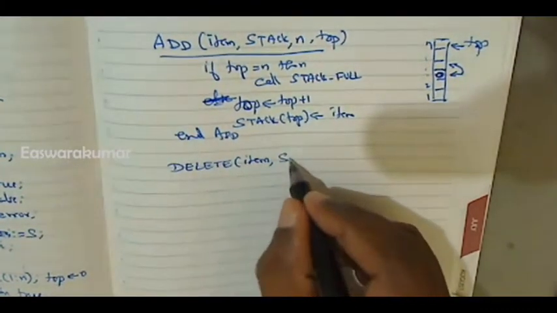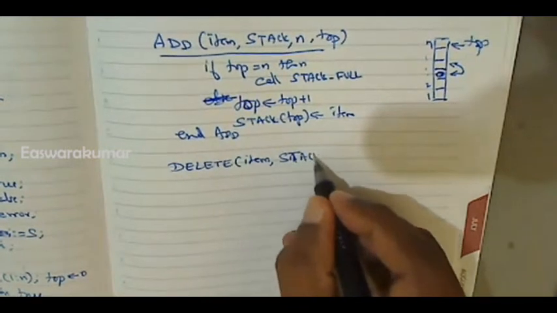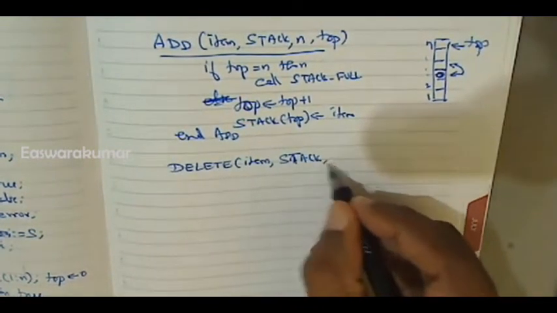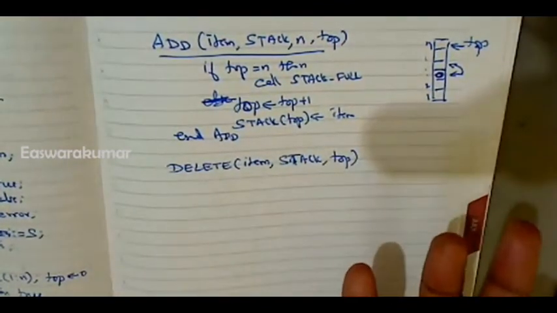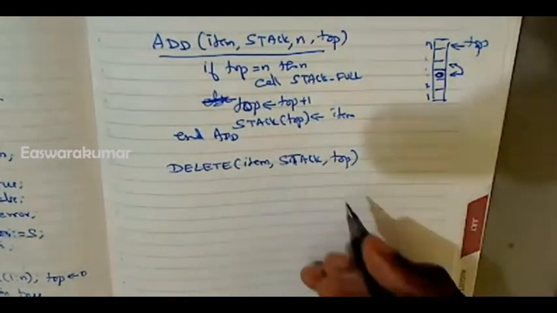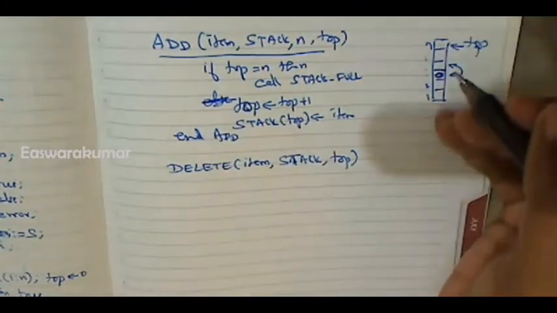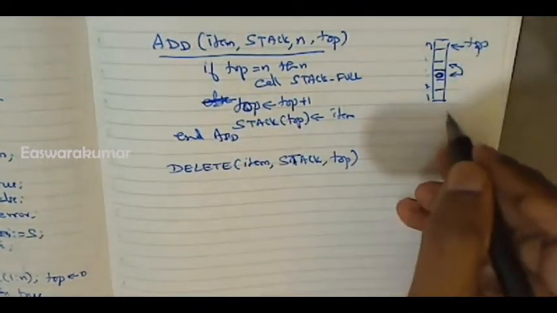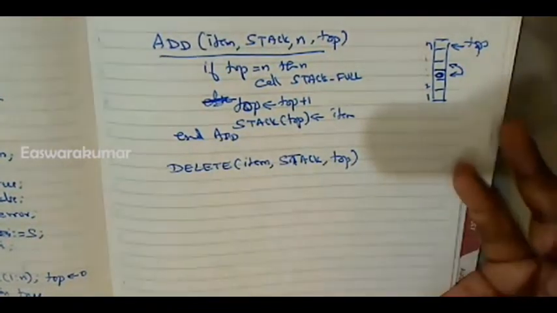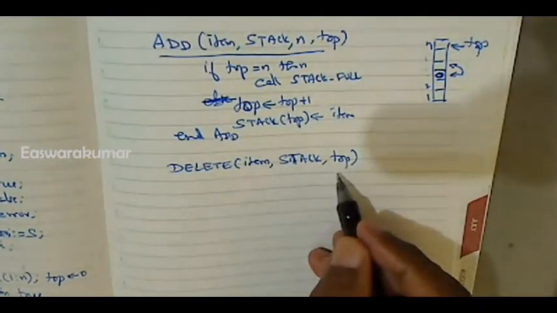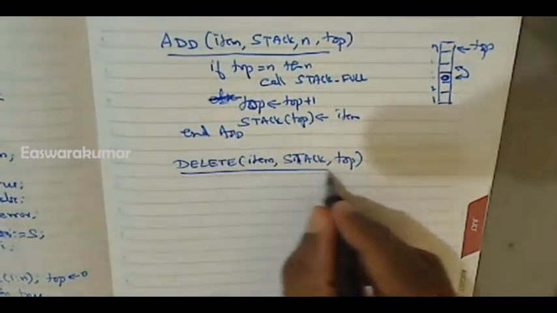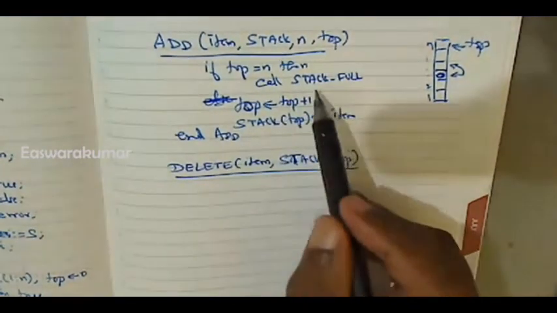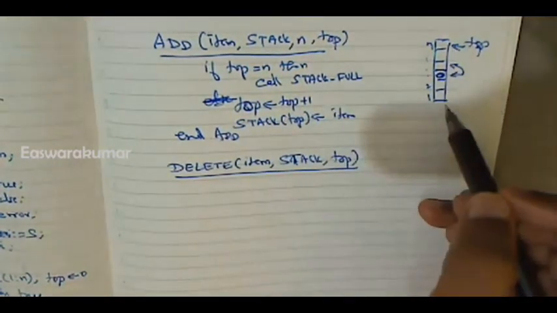Item, then name of the stack, stack. Then what we want is the topmost pointer, because maximum number of elements is not required, right? Maximum size is not required. Anyway, we are deleting one by one. So when top is equal to 0, there is no element. Otherwise, we can remove. Therefore, only the top pointer is given. Like in add we checked for stack fullness, here sometimes the stack will be empty.